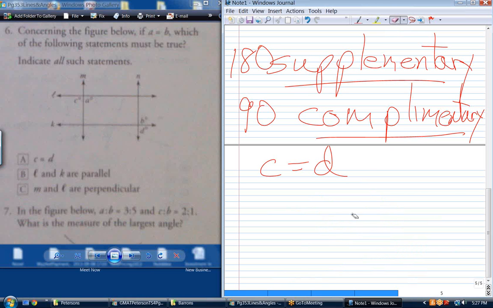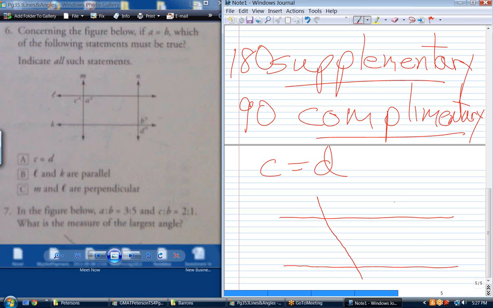Again, let's see if we can draw it so that it's not perpendicular. Okay, there's my first vertical line, there's my first horizontal line, there's my second horizontal line. And now I'm going to make this so that it's not perpendicular.